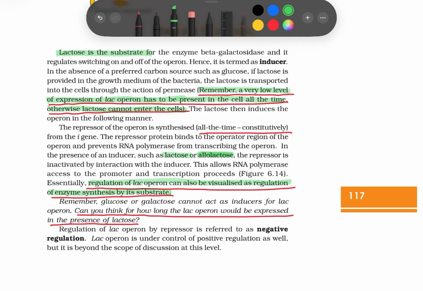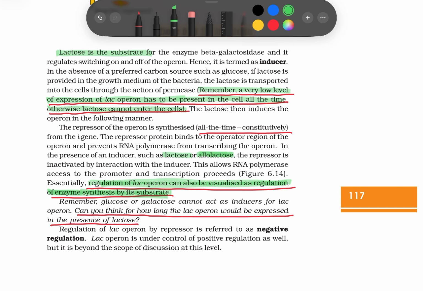So if lactose is the substrate, what is the destructive enzyme of lactose? That is beta-galactosidase. Beta-galactosidase synthesis is induced by whom? Lactose only. So regulation of lac operon can also be visualized as regulation of enzyme beta-galactosidase synthesis by its substrate, lactose only. Lactose only is responsible for its destructive enzyme.